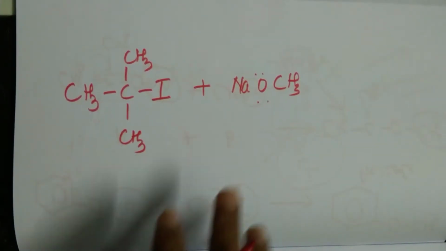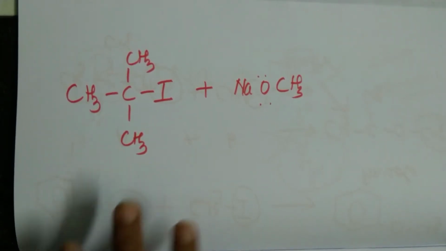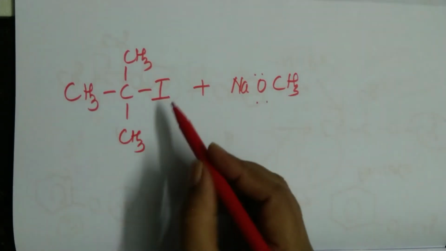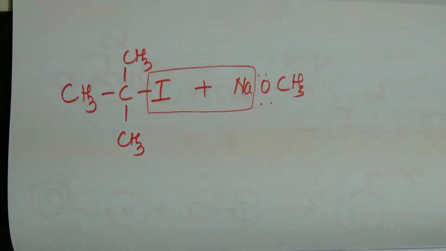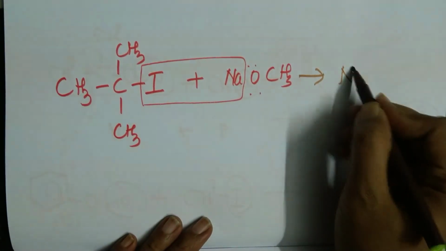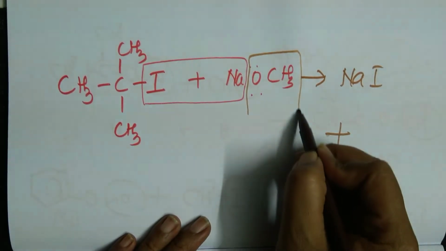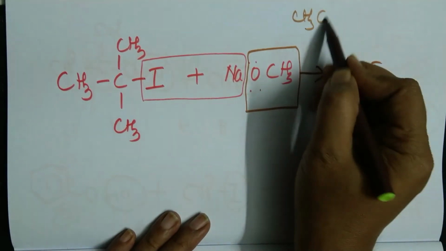Now if you go on asking, if I take a tertiary alkyl halide, what will happen? I will show you what will happen now. If you take a tertiary alkyl halide, there is removal of sodium iodide, NaI. Then this is the group which is left behind, CH3O minus.